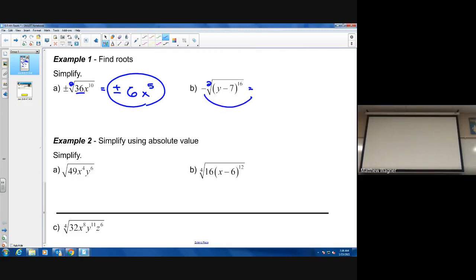In this case, I see I have a negative out front, so I'm going to leave a negative in the answer. We have y minus 7 to the 16th, and we're taking the square root of that, which means I'm going to be left with y minus 7 to the, what's 16 divided by 2? 8. Good news, do not expand that.